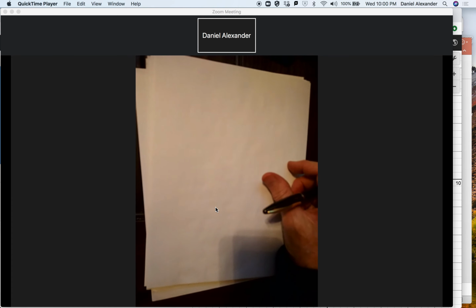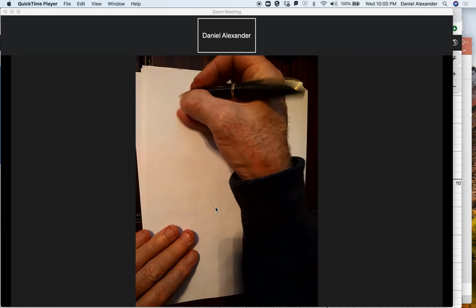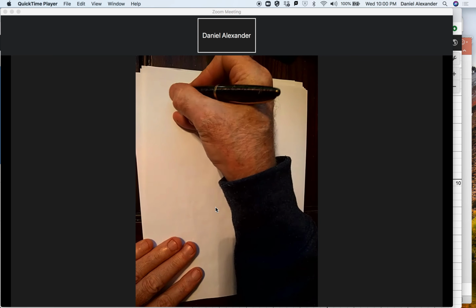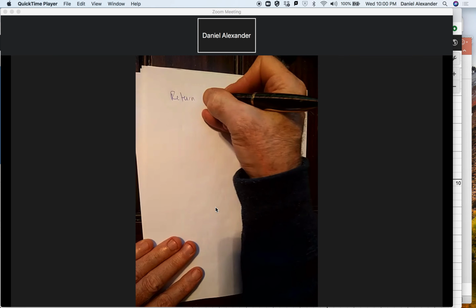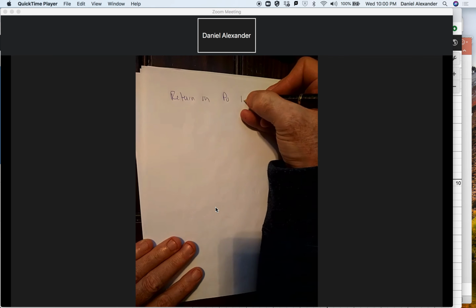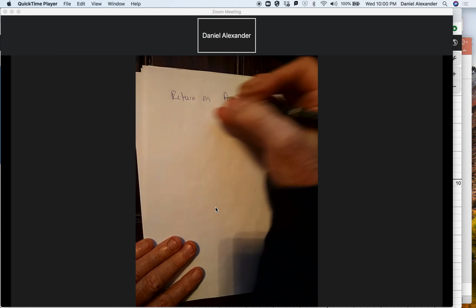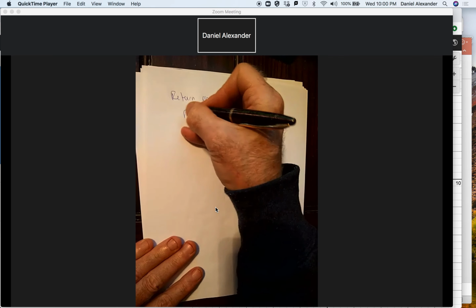So the formula that you see, if you get your return on P0 dollars invested for t years at r% yearly, compounded or paid n times a year.